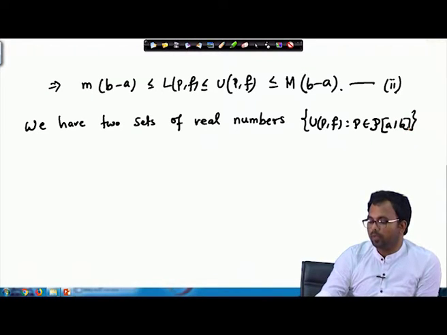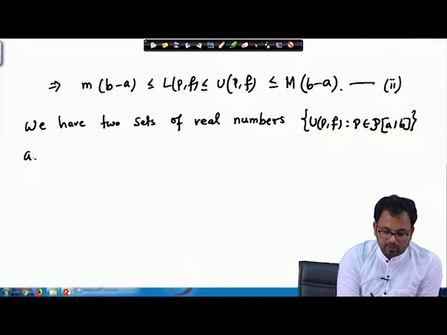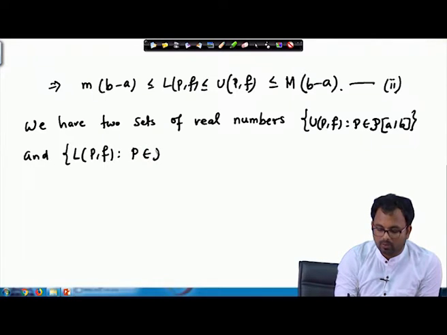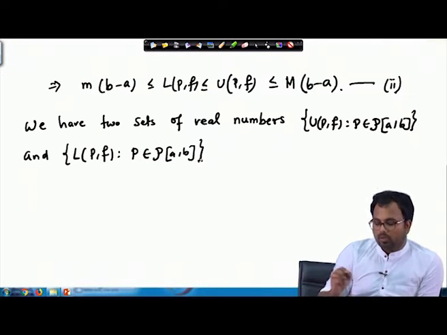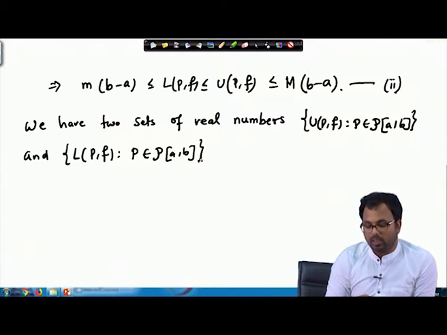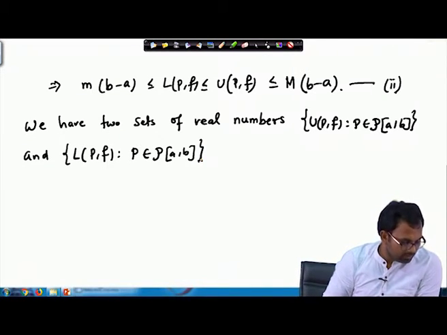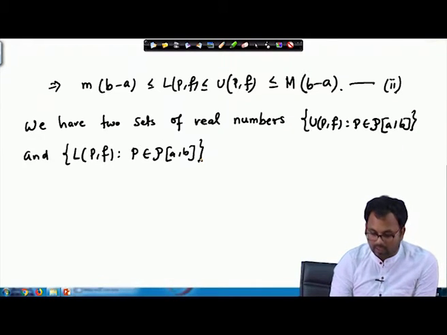As we said, every partition P determines UPF, and we have LPF for every partition P in that family of partitions of a b. So, basically we have two sets of real numbers for every partition P in that family of partitions, and the supremum of this set LPF.